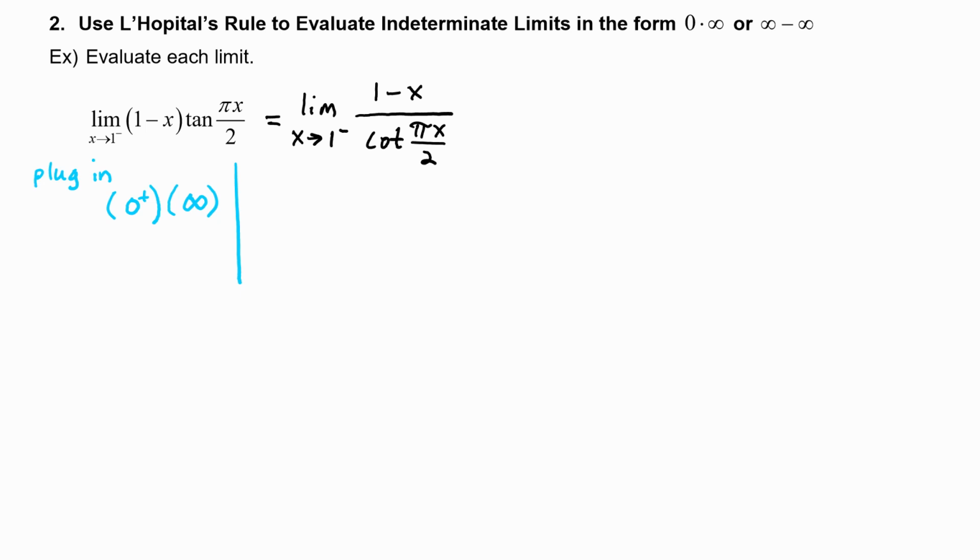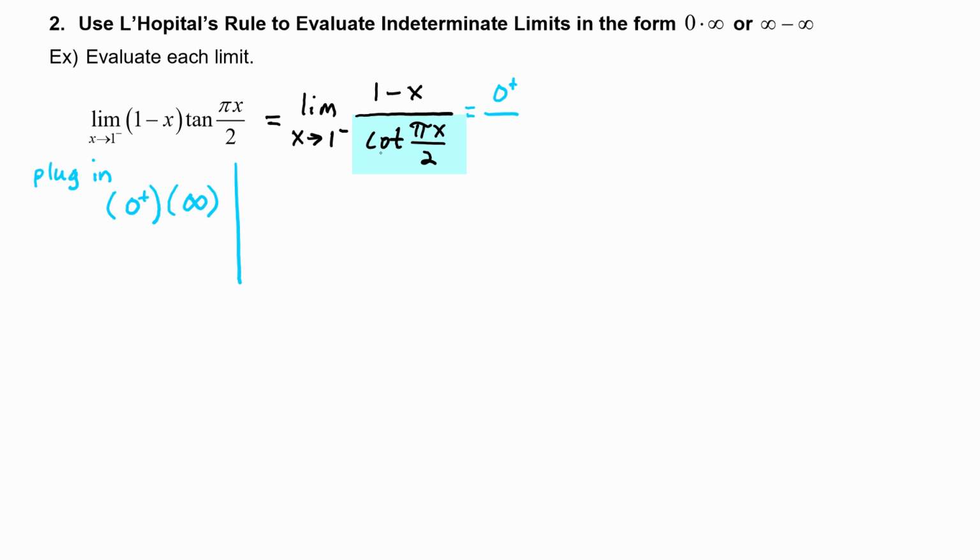Now, when we plug in our limit value, we get 0 in the top. It's actually 0 plus. And in the denominator, when we plug in 1 from the left, that means this argument will be pi over 2 from the left.